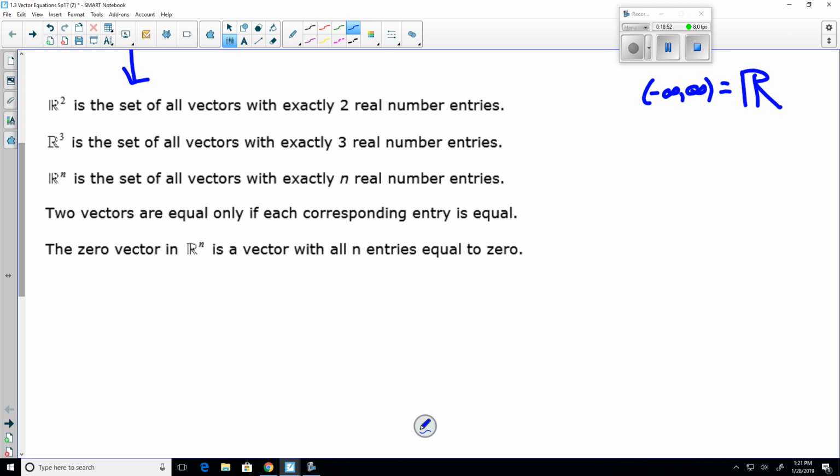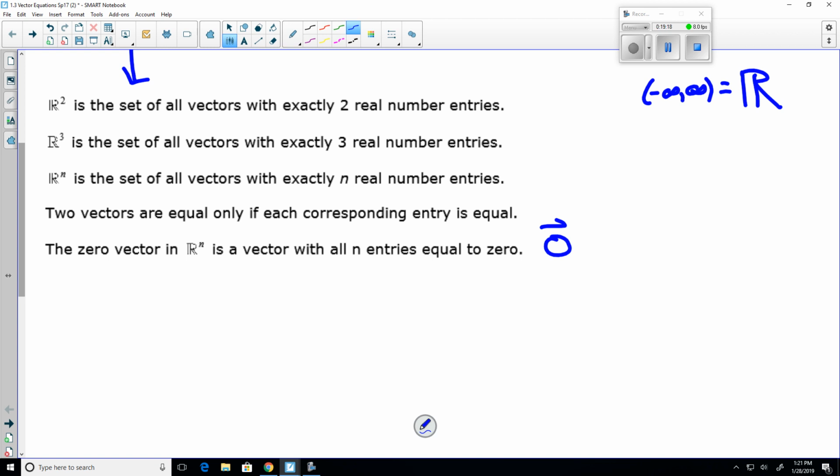So every space, Rn, R2, R3, they all have a 0 vector. It's just a vector that has zeros in all the entries. And sometimes we'll write it as 0, and sometimes we will actually put the vector symbol on top of it.